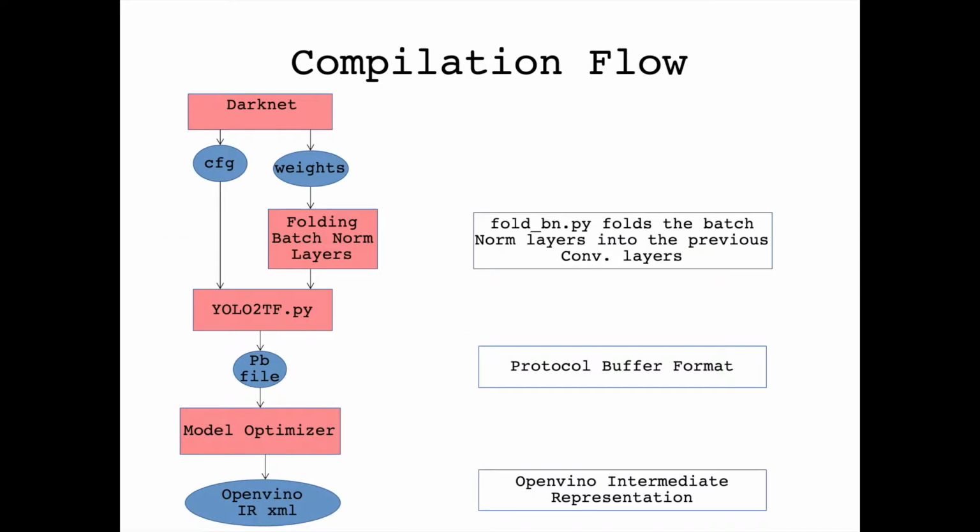In detail, we run the foldbn.py script to fold the batch norm layers into the previous convolutional layer. Then, the YOLO2tf.py script to convert the config and weight files into a protobuf file. Finally, we run the model optimizer to generate OpenVINO IR XML.